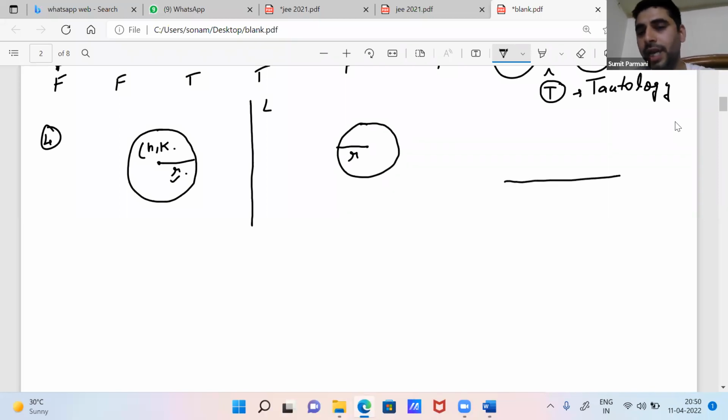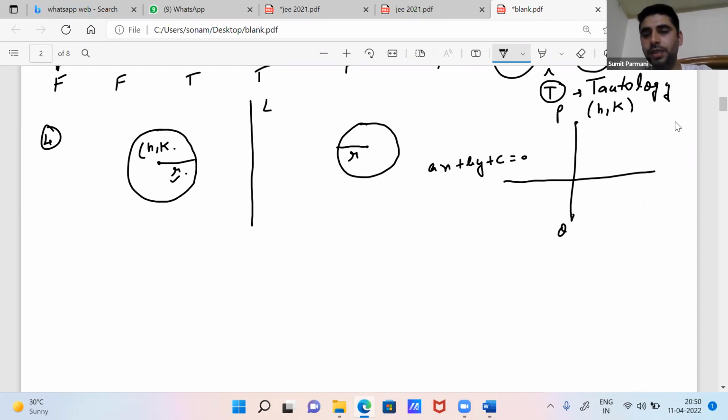Now, in straight line, you must have studied the concept: if we have to find the image of this point h comma k with respect to the line ax plus by plus c equals 0, the mirror image will be here. This is P, then this is Q. Suppose this Q is x comma y. So what is the formula?